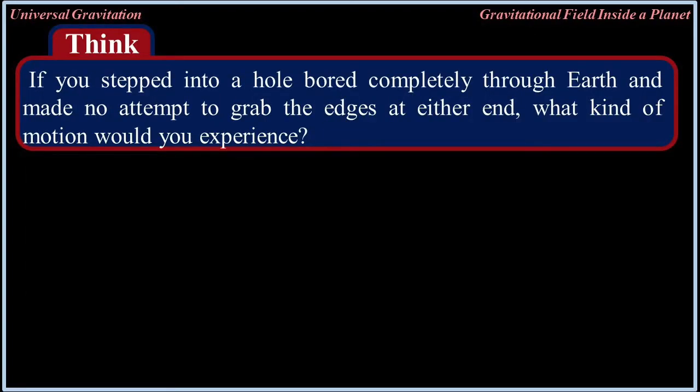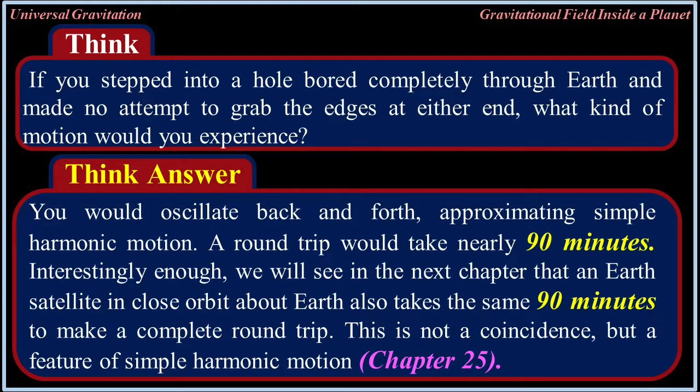If you stepped into a hole bored completely through Earth and made no attempt to grab the edges at either end, what kind of motion would you experience? You would oscillate back and forth, approximately simple harmonic motion. A round trip would take nearly 90 minutes.